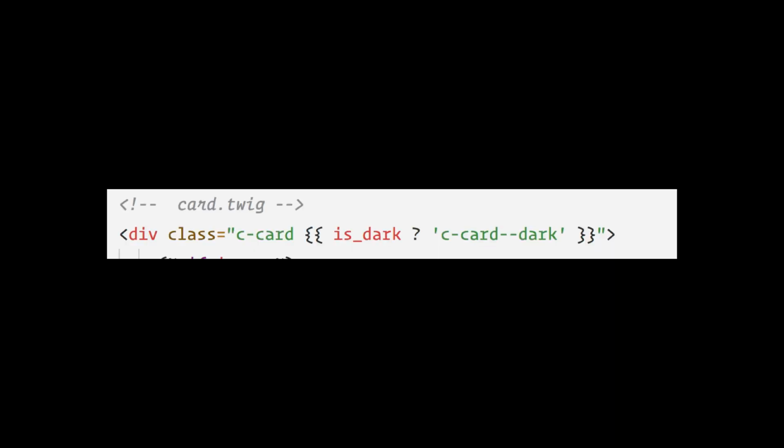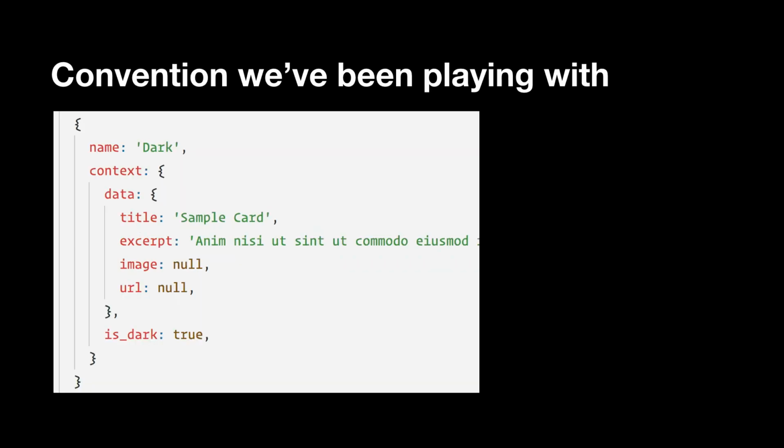We might say this isn't actually data, but a visual difference. We're just going to add a class on if it's dark, and write some CSS to make it the dark version. I just want to mention a convention we've been playing with where we group the data that's going to come from Drupal in this data object, while visual styles stay separate.